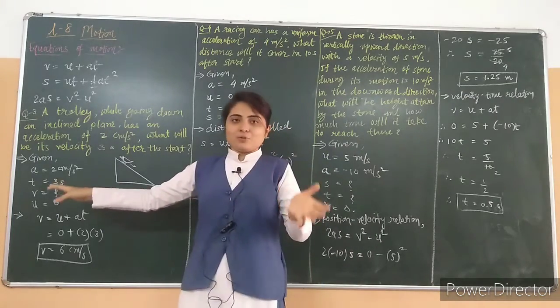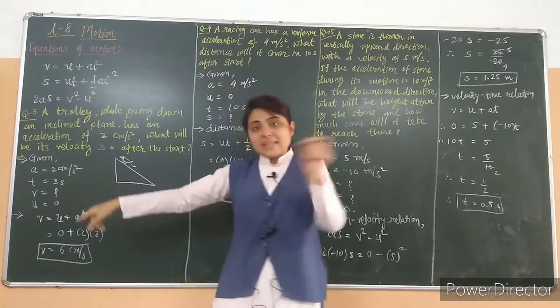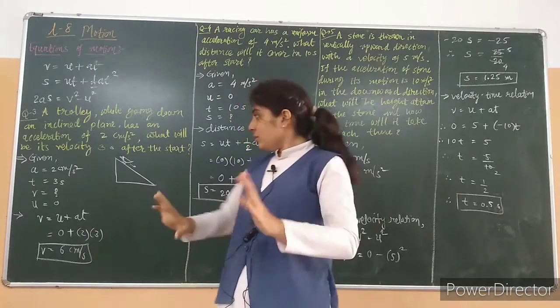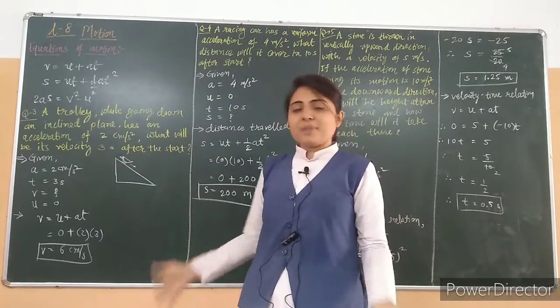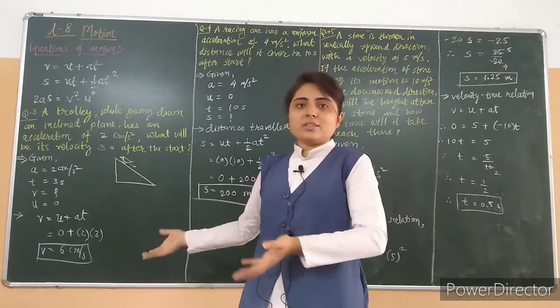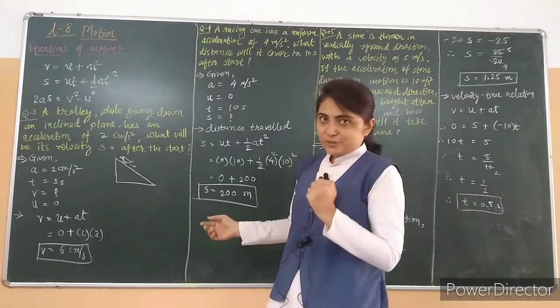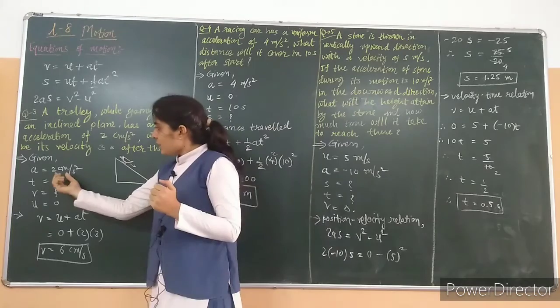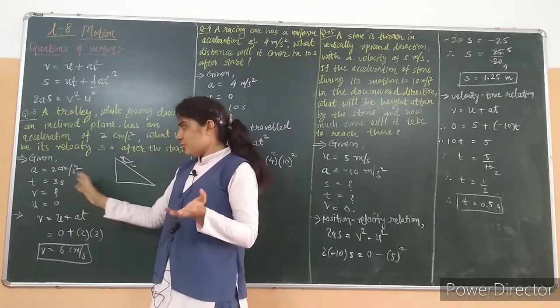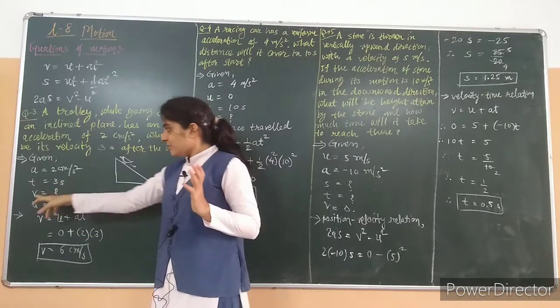It's okay, because the time is the same and the other quantities are in the same dimension, we don't need to convert. So t is 3 seconds. There is no problem because both are in seconds.